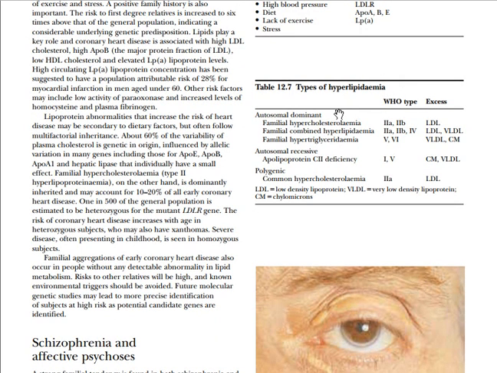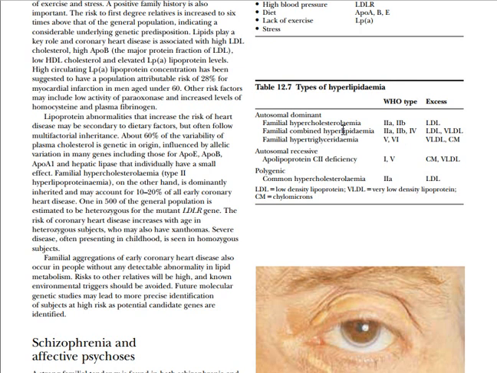In dyslipidemia, you may have autosomal dominant disorders, autosomal recessive hyperlipidemia, and polygenic hyperlipidemia. Now, in autosomal dominant hyperlipidemia, you have familial hypercholesterolemia, which is in WHO class 2 and class 3. These are the WHO classifications of the different hyperlipidemias.